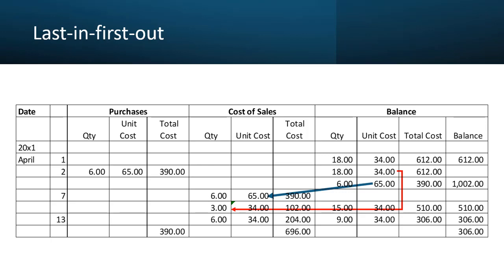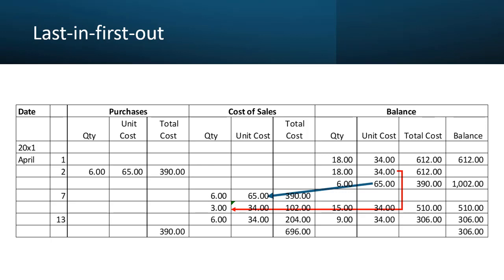And then on the 13th, we have sold 6 units. The costing of that one will of course be coming from the opening balance. So that will be $34.